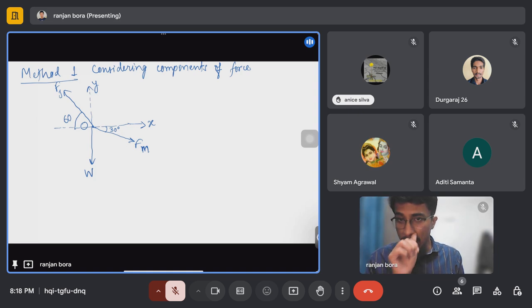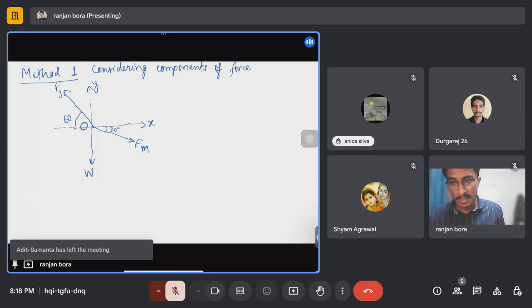So is this diagram clear? We have considered this as point O, and this force W is acting vertically downward. Fj is acting at an angle of 60 with the horizontal, and Fm is acting at an angle of 30 with the horizontal.